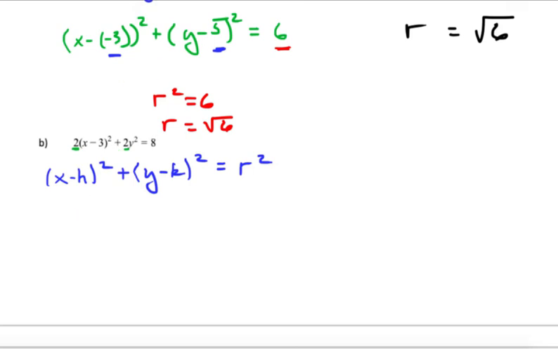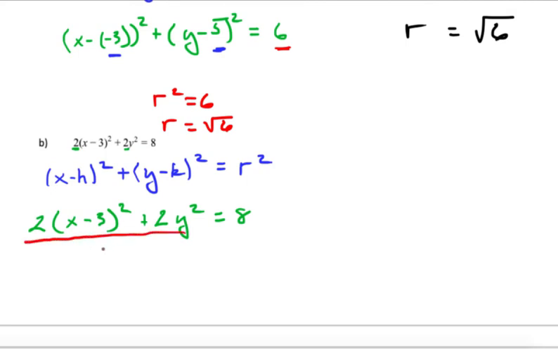So if we've got 2(x minus 3) squared plus 2y squared equals 8, I've got a 2 in this term and a 2 in this term, so I can divide both sides by 2. I'll write this out algebraically. 2 times (x minus 3) squared plus 2 times y squared equals 8.